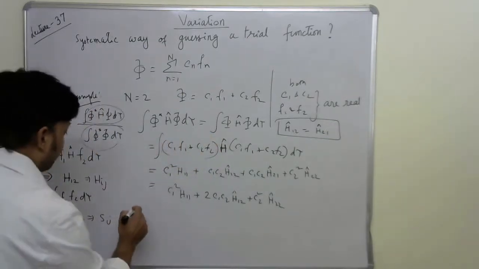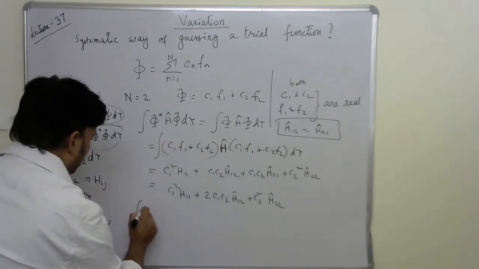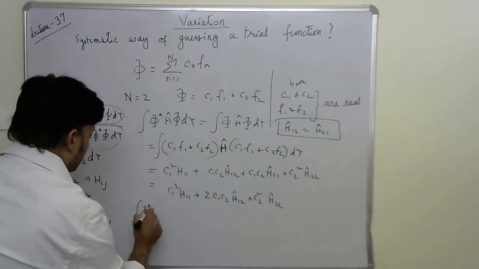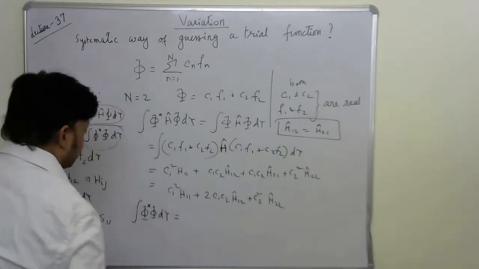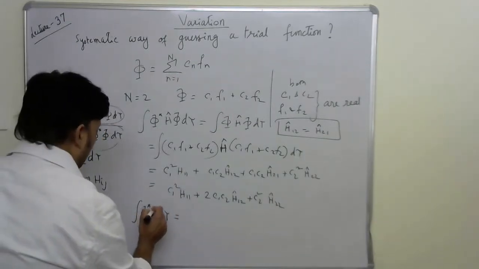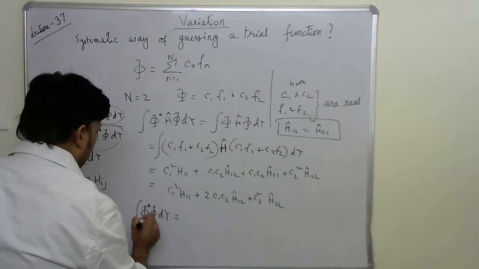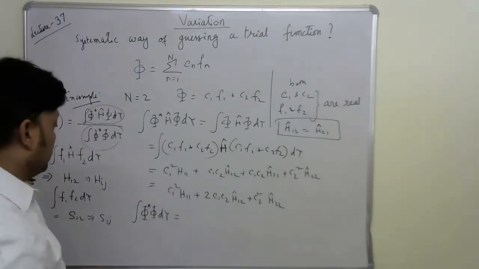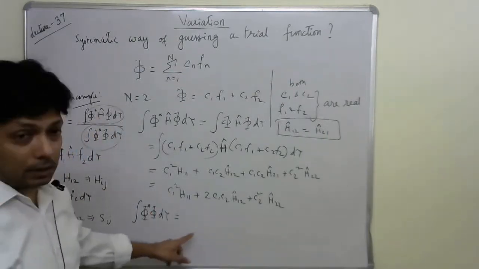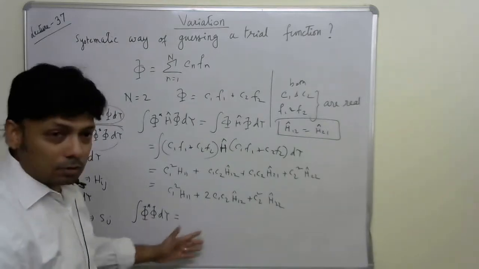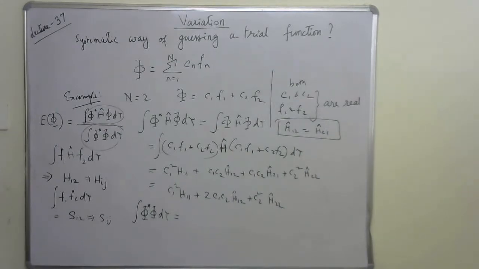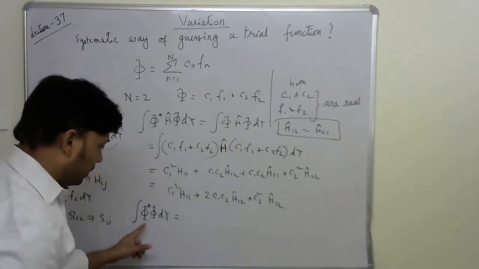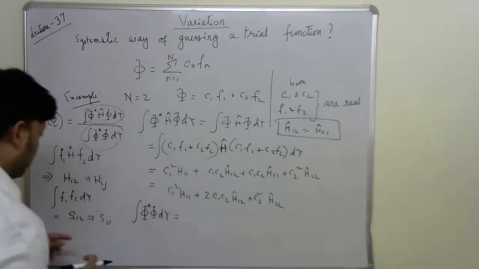Similarly, we can obtain the expression for the integral of phi star phi d tau. Remember, this is definitely not 1, because phi is not normalized and we don't know what it is. If we expand it, it goes into the phi square d tau integral.